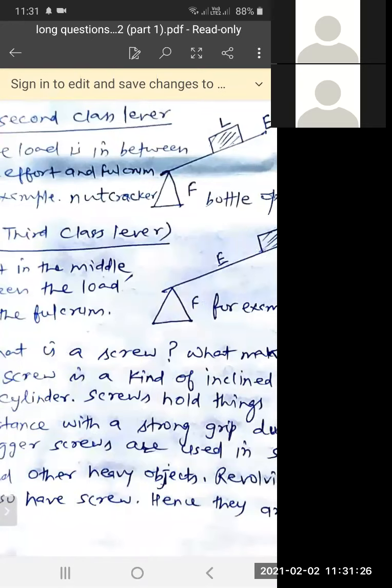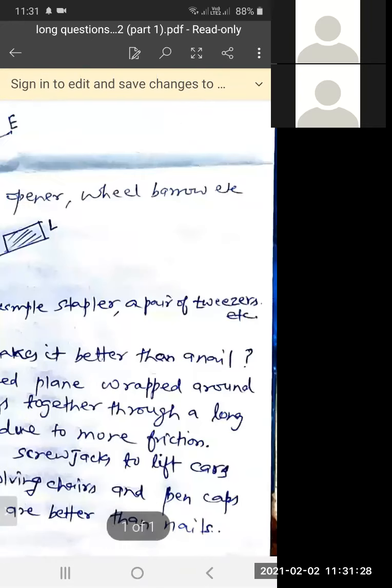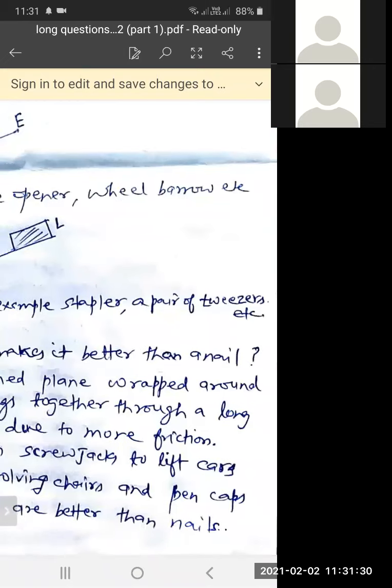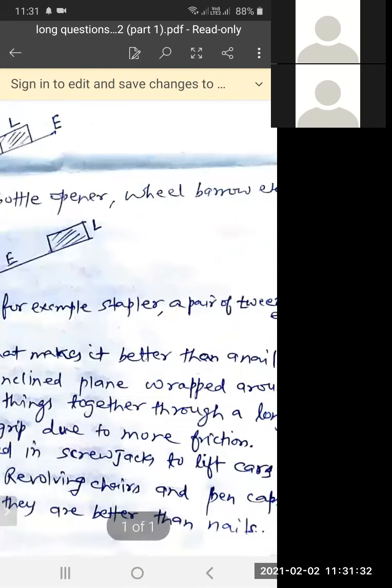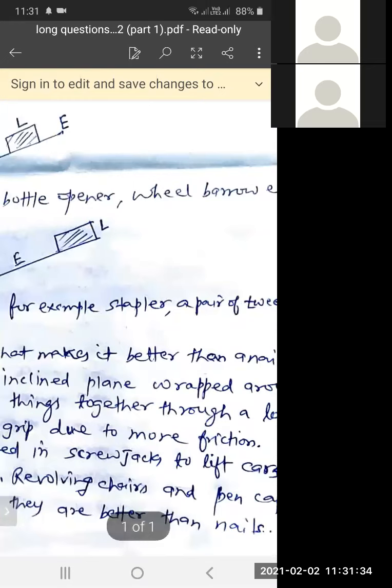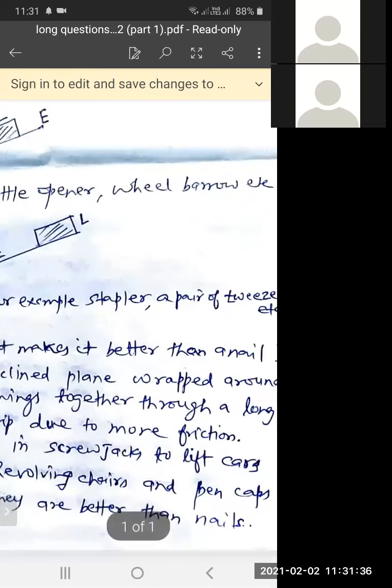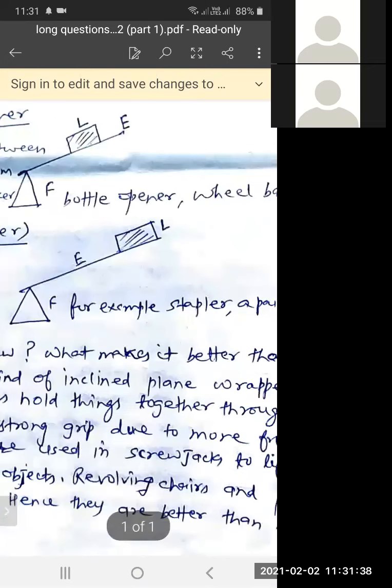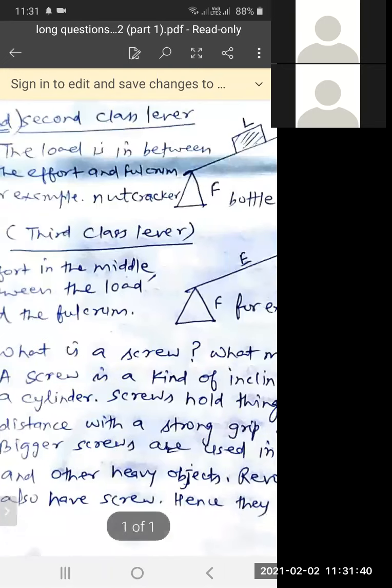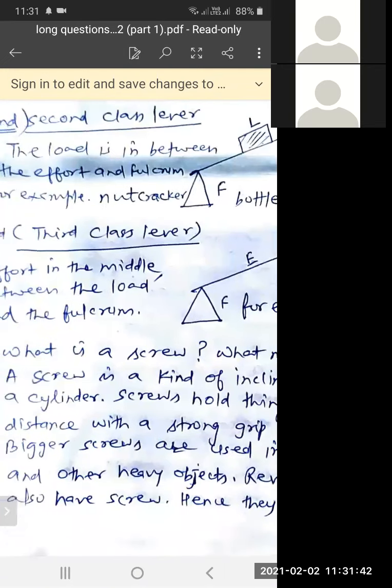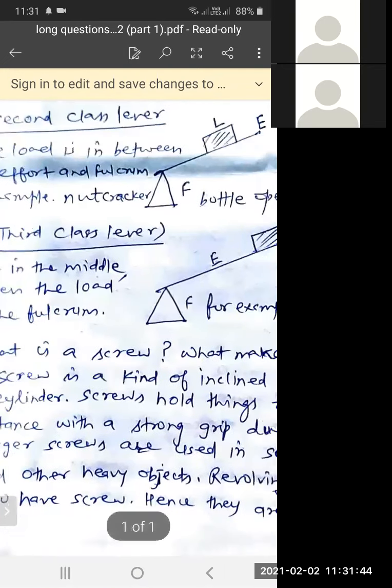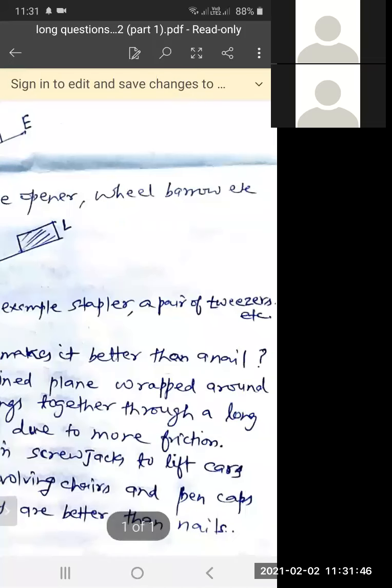Full stop. Revolving chairs and pen caps also have screws. Hence, they are better than nails.